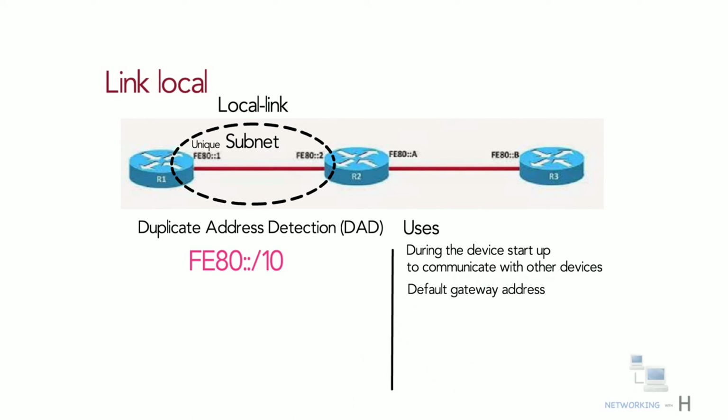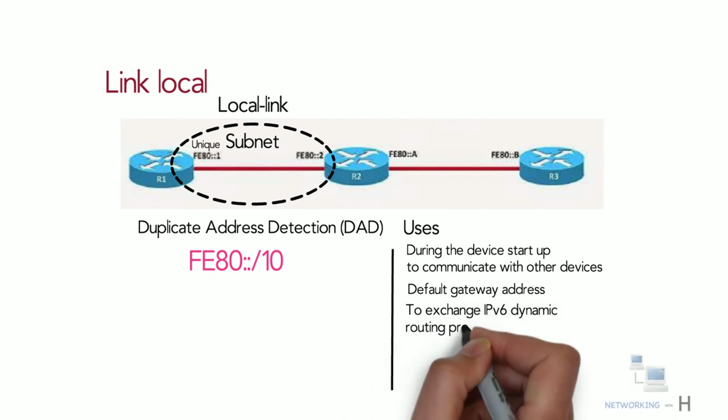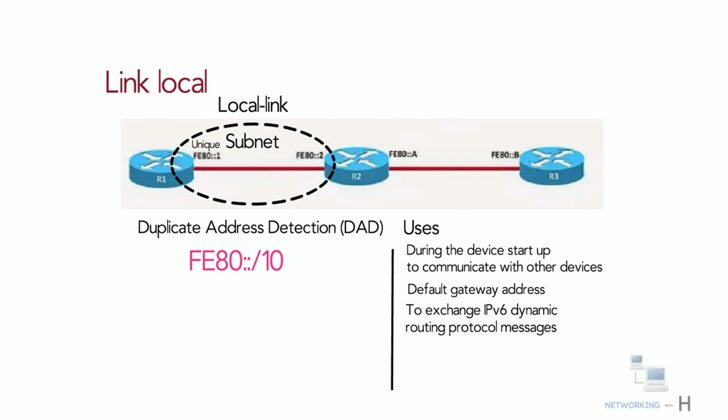Routers exchange IPv6 dynamic routing protocol messages, such as OSPF version 3, EIGRP for IPv6, and RIPng, using their IPv6 link local addresses. IPv6 routing table entries populated from dynamic routing protocols use the IPv6 link local address as the next hop address. They are also mostly used for auto address configuration and neighbor discovery.